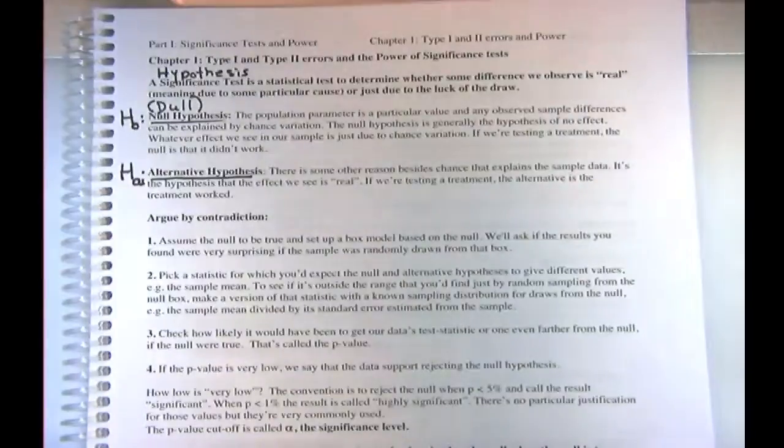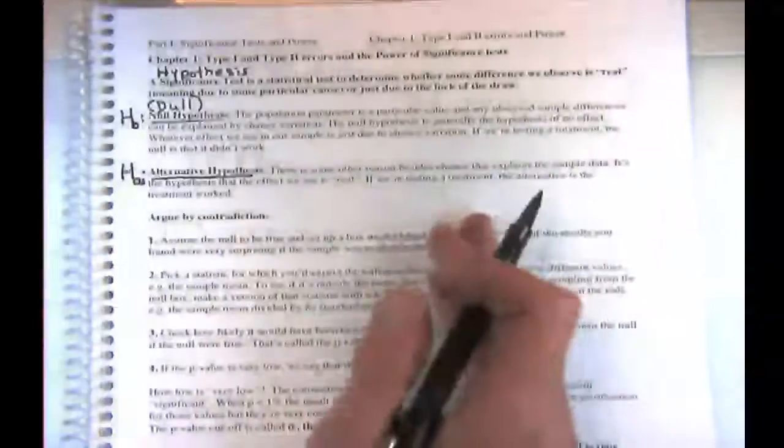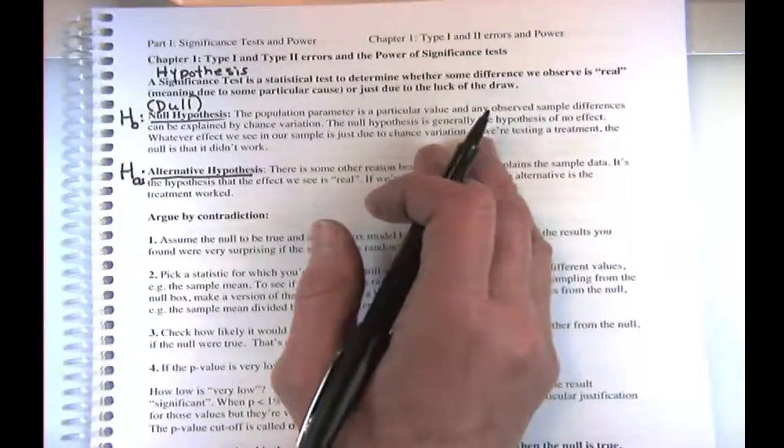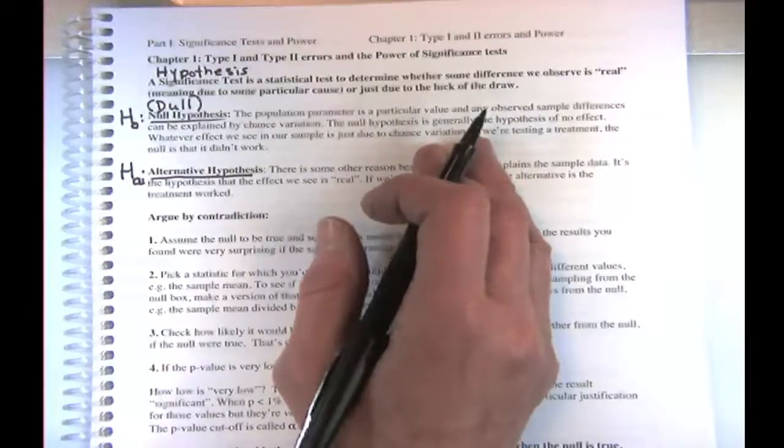I mean, if it was just a tiny 0.5% higher, or if it was dramatic, like if the people who took the drug got 95%, the people who took the placebo got 60%, we wouldn't need a significance test to tell us whether the drug worked. But so how are we going to figure this out?